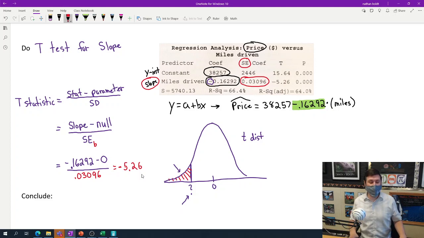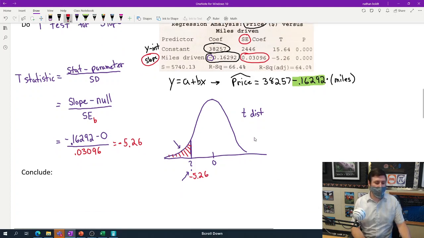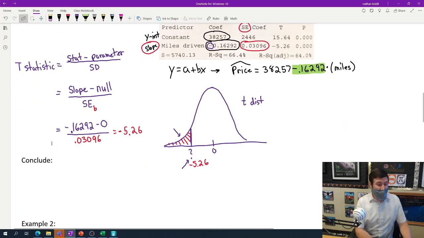That means our slope is 5.26 standard deviations away from the middle, away from the null. It's 5.26 standard deviations away. That is my boundary right here. So how weird is that?